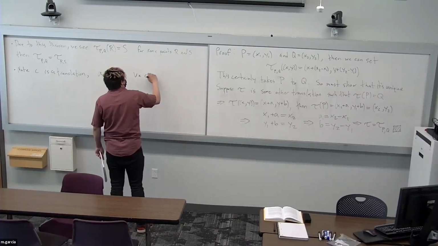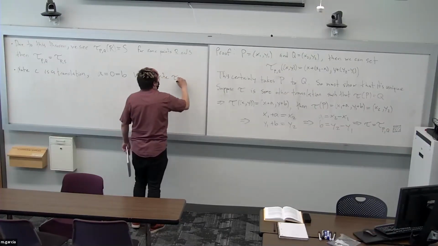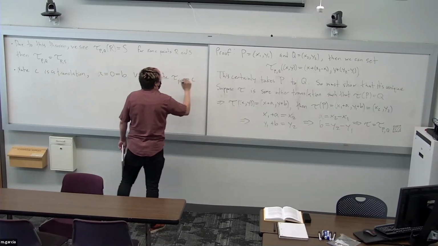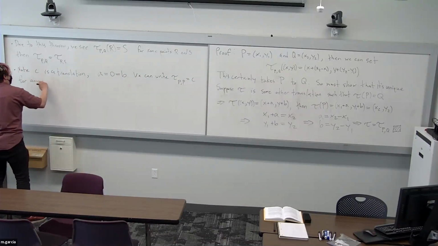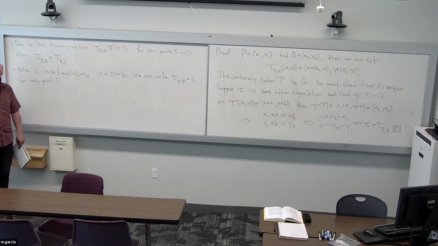We can write tau sub p comma p is equal to iota for any point p, right?